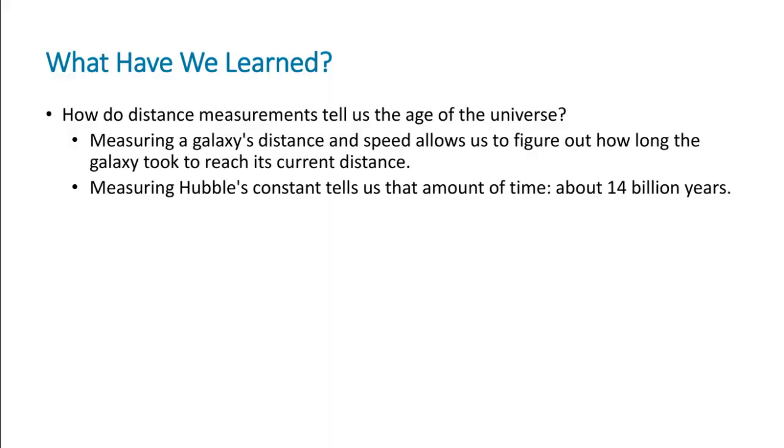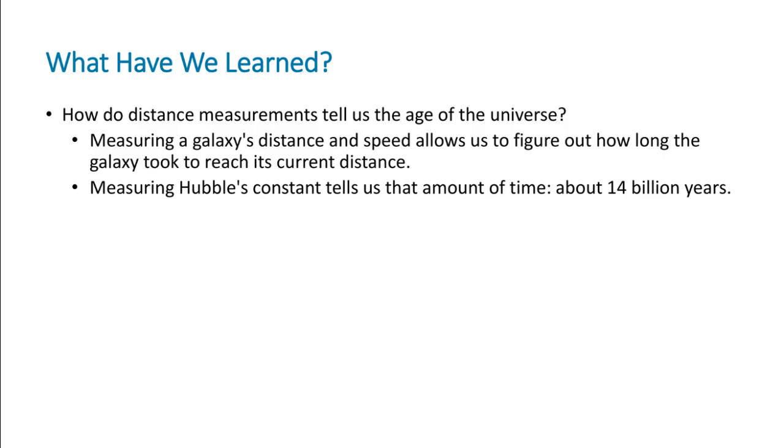So the fact that things are moving away from us, and the farther away you get, the faster they're moving, has implications that if you rewind the clock backwards, everything had to be at a much smaller and closer point at some time in the past.